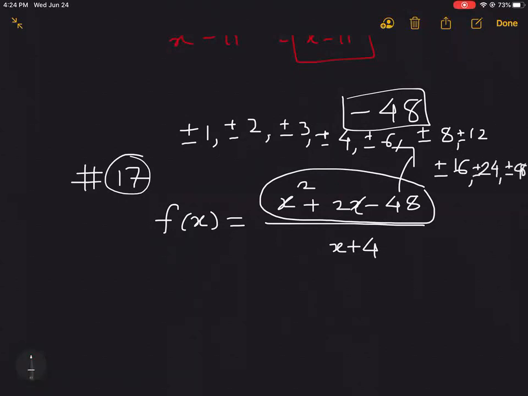So these are the factors. As you can see, lots of factors you have here.